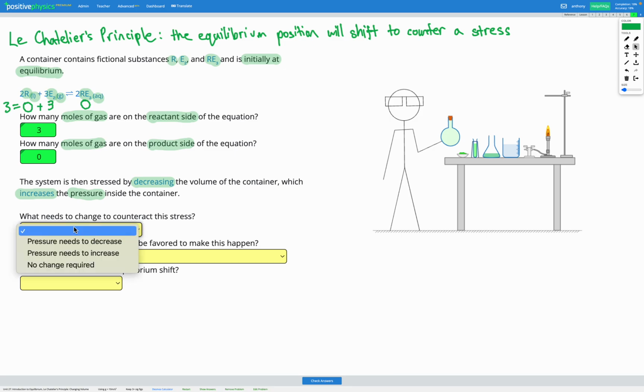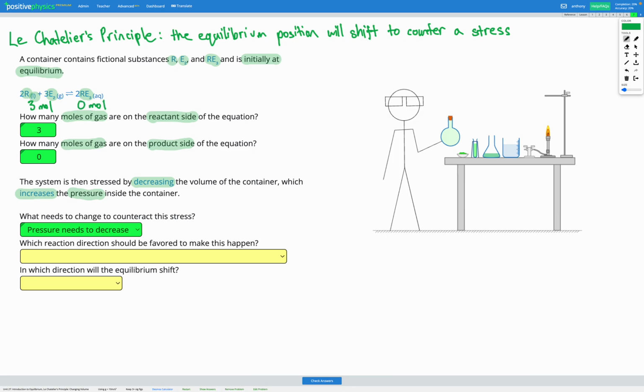So what change needs to happen? The pressure needs to decrease. So if our pressure needs to decrease, that means we need to decrease the number of moles of gas. So looking at our equation up here, we said we have 3 moles of gas in the reactants and 0 moles of gas in the products.